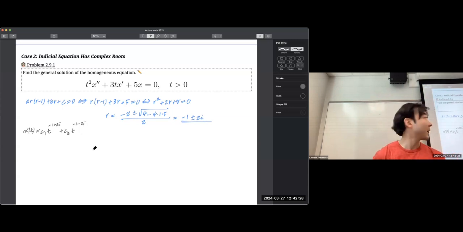But this is your complex solution. We want to be able to write the general real solution, and so eventually we're going to use Euler's formula, which I'll just write on top here. We did this last time too. The idea of Euler's formula is that you're able to take a complex exponential and split it into the real and imaginary parts.